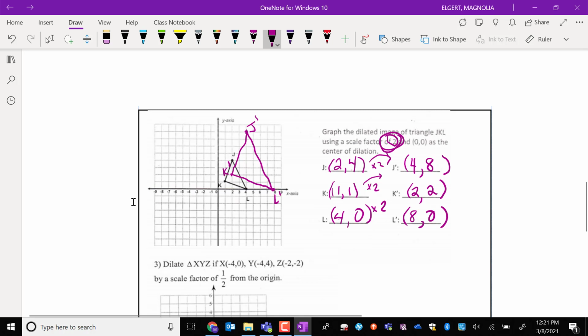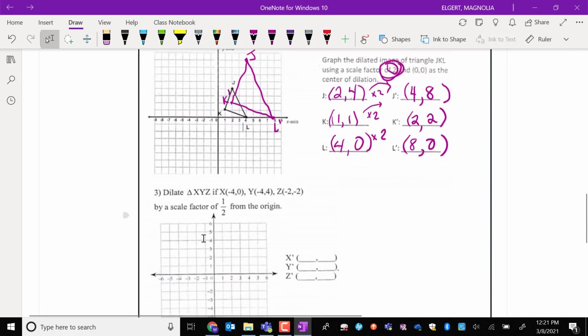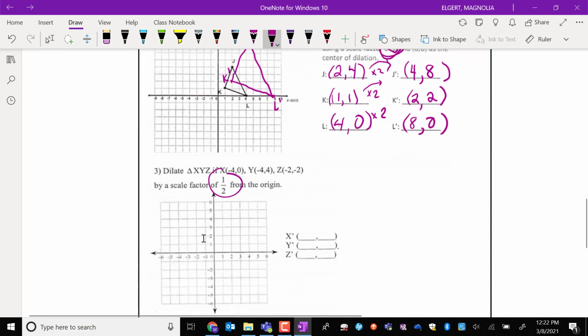All right, now let's try one that is a reduction. So when you have a fraction, that means it's a reduction. And that fraction means that we are going to divide. So let's draw our original triangle first, which I drew over it.